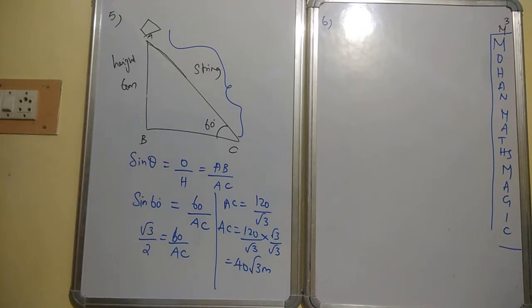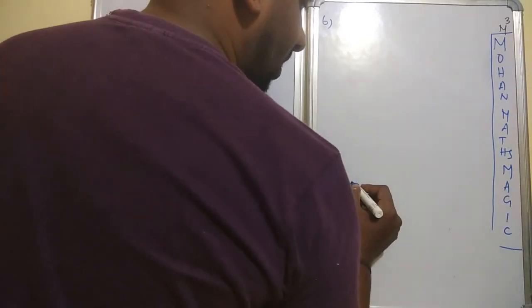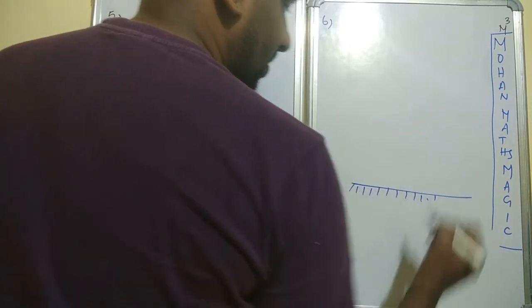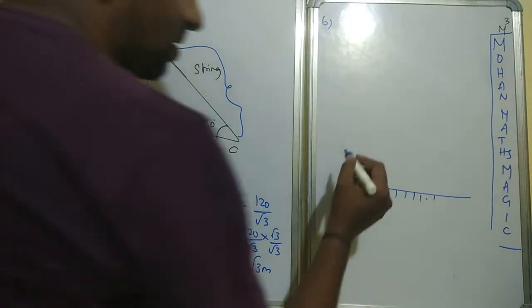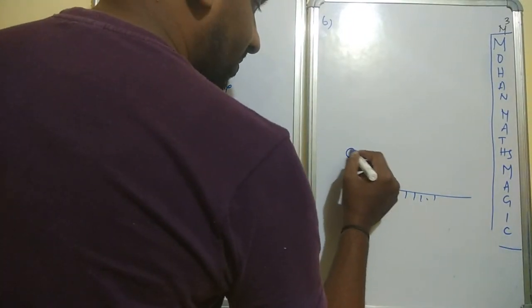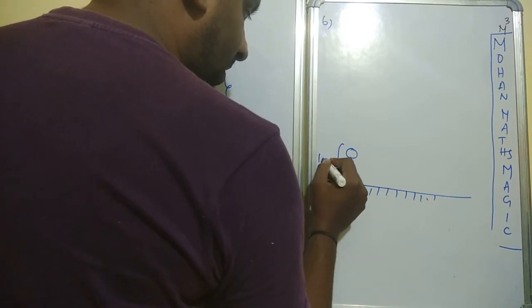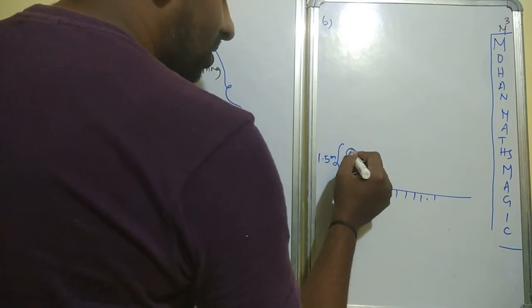One more time I'll read the question. Standing at a distance from a 30 meter high building. For everything I need the ground level, so this is the ground level. And a boy is standing, and this boy's height is 1.5 meter tall.